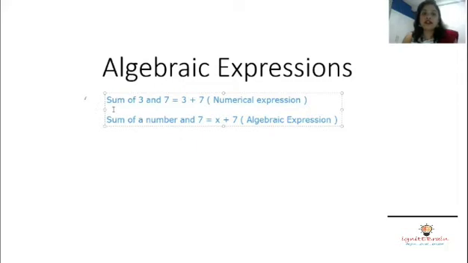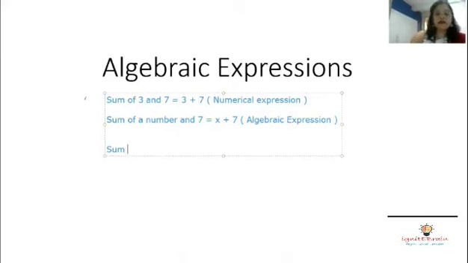So what we can see here is wherever the expression has only numbers, we call it a numerical expression. And wherever the expression has variables in it, we call it an algebraic expression. Now, there is another way to write in mathematical form.